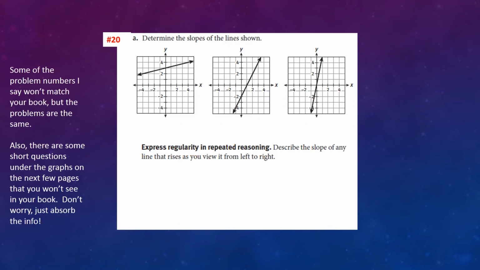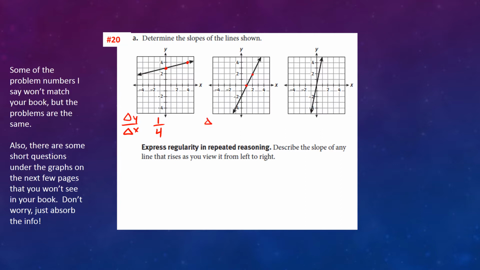So we can write down points and use the formula, or we could find some points here. Looks like that would be good. So we're supposed to determine the slope here. So change in y over change in x. This looks like y goes up 1 when x goes over 1, 2, 3, 4. And then this one, there's a good spot.